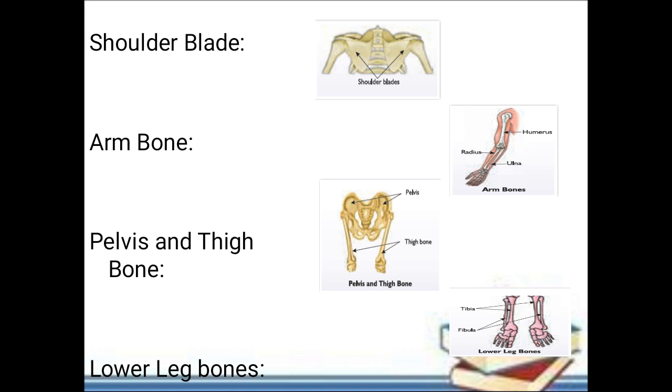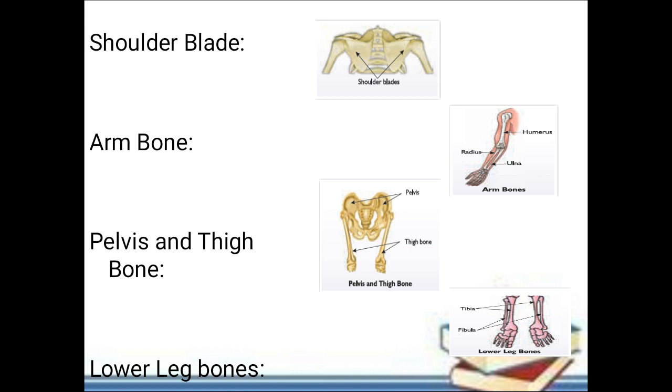Next, the shoulder blade. The shoulder blade connects the collarbone and the arm bone. It has a joint with which the arm can move. Then the arm bone. The arm bone has three parts: the upper arm, lower arm, and hand.